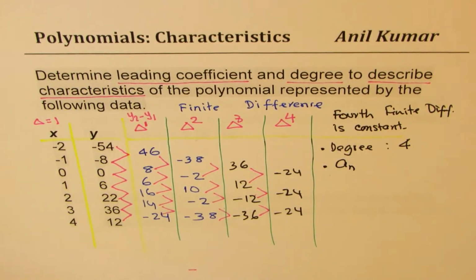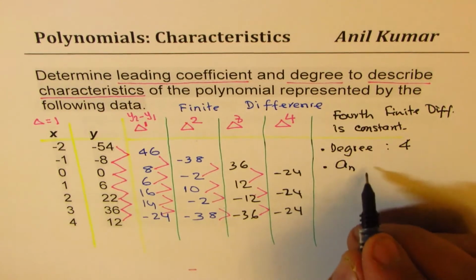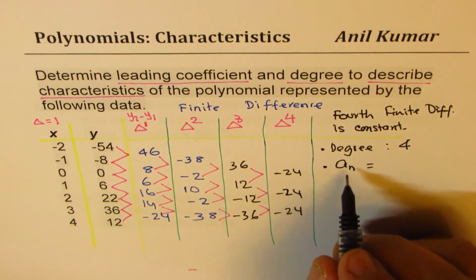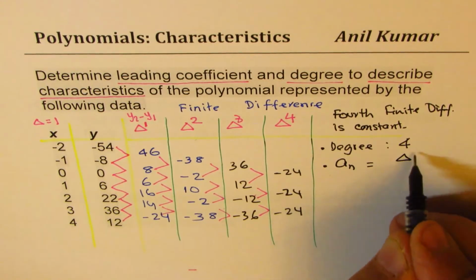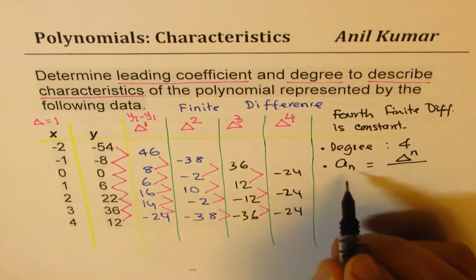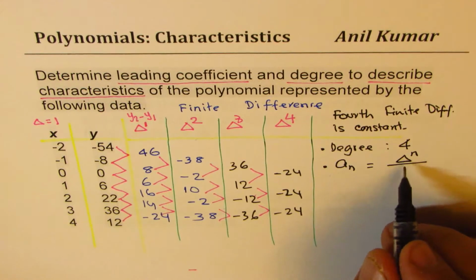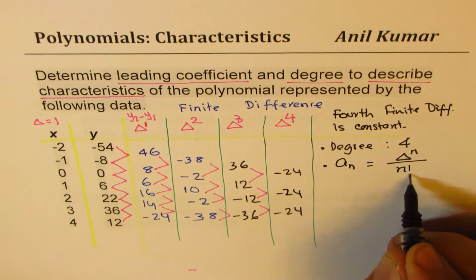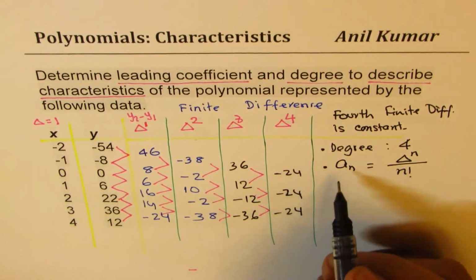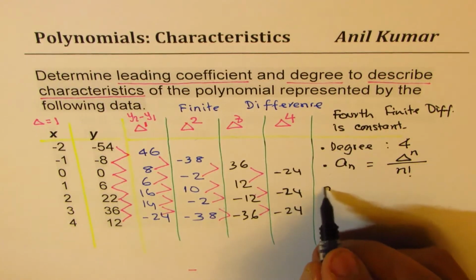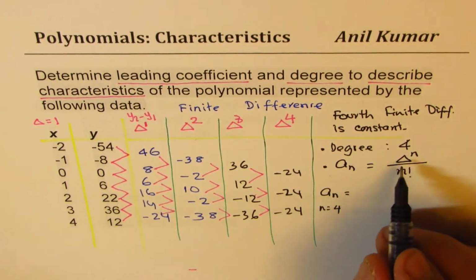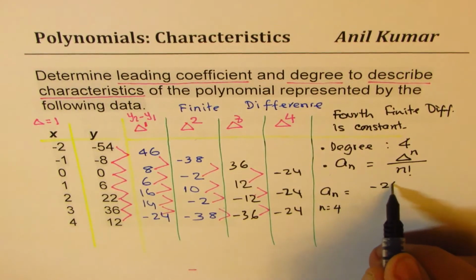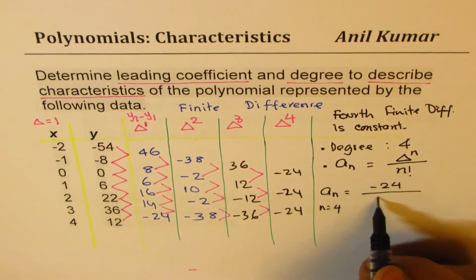There is a very interesting relation between degree, leading coefficient, and the finite difference. If it is the nth finite difference, then the leading coefficient is the finite difference divided by n factorial. In our case, we are talking about the fourth degree, so for the leading coefficient a4, n equals 4, it will be the fourth finite difference, which is minus 24, divided by 4 factorial.